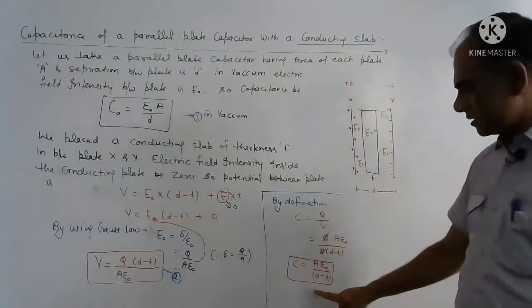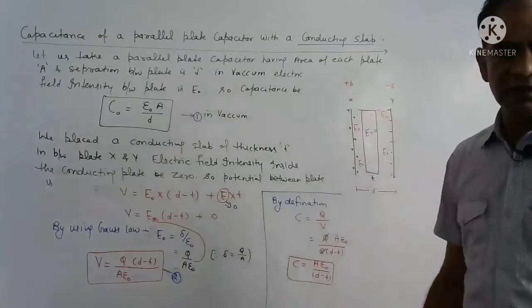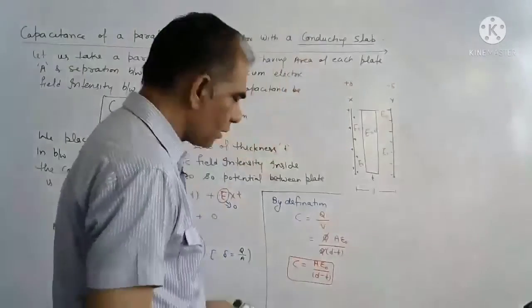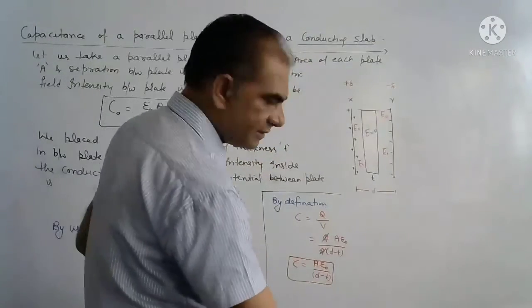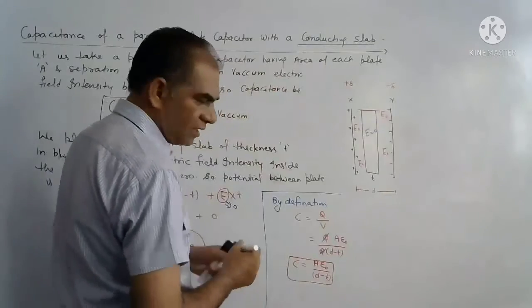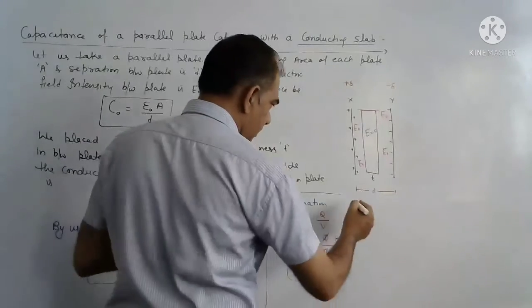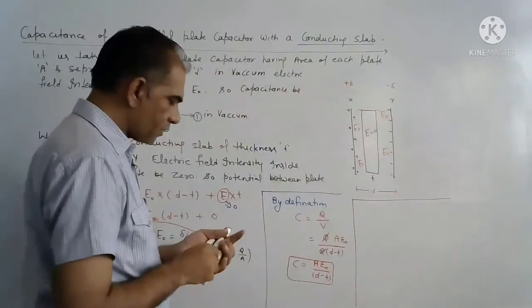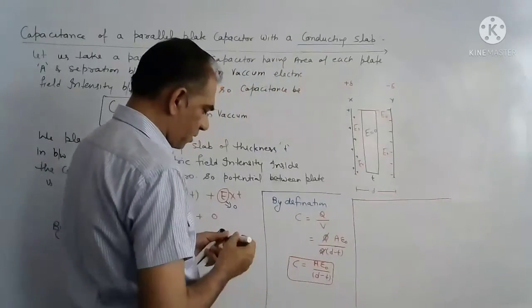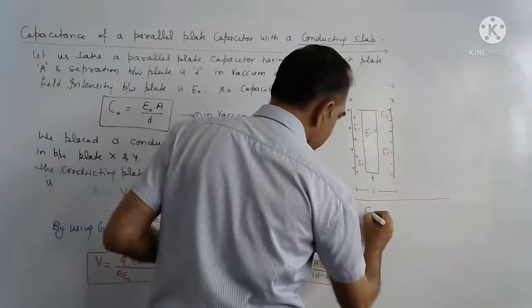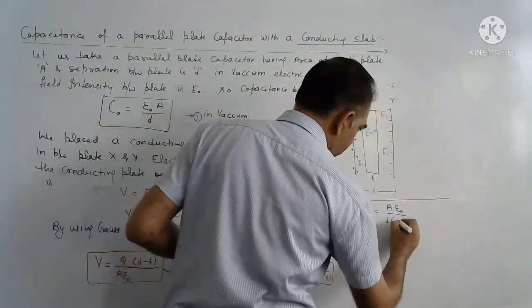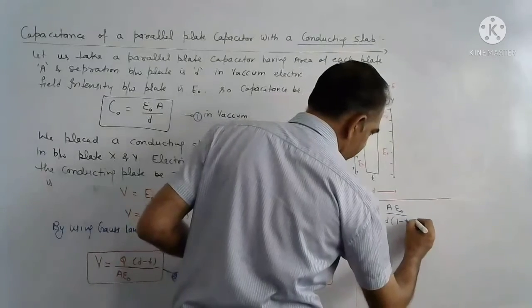Now, capacitance increases due to the presence of this, and this is the formula of capacitance in the presence of conducting material. If we rearrange this and take d common from the lower side, C is equal to A epsilon naught upon d times 1 minus t upon d.